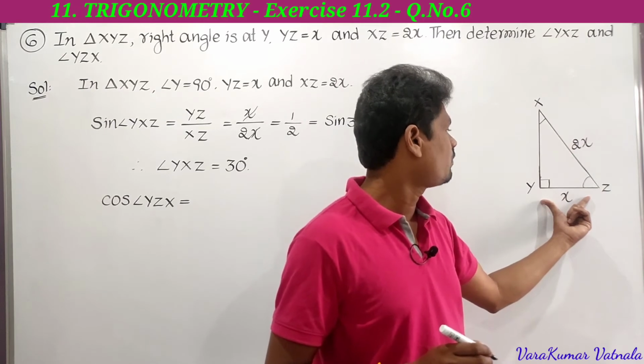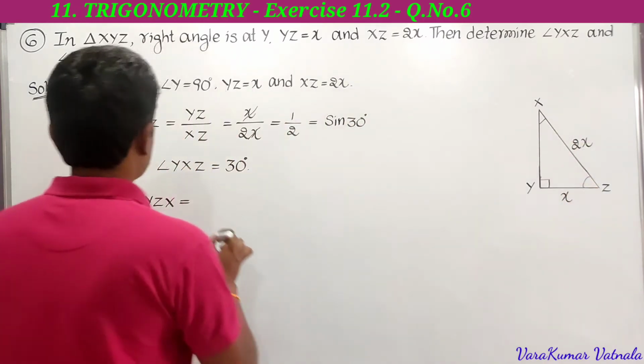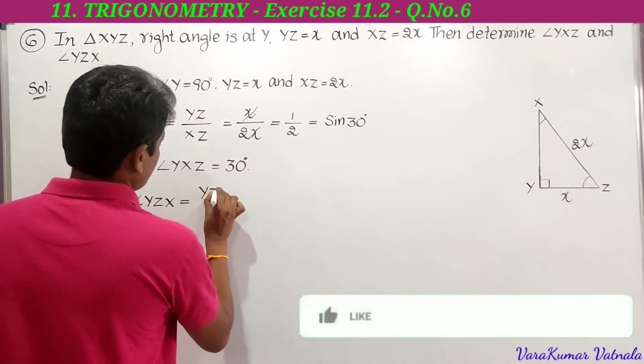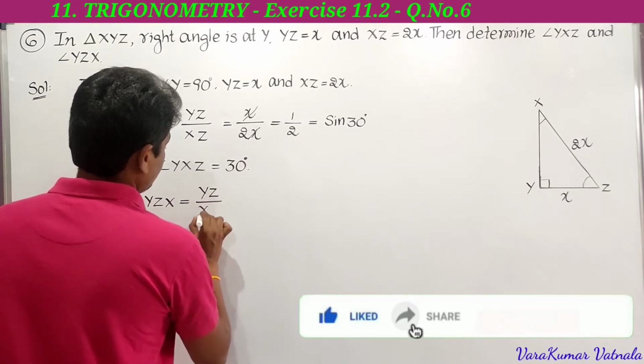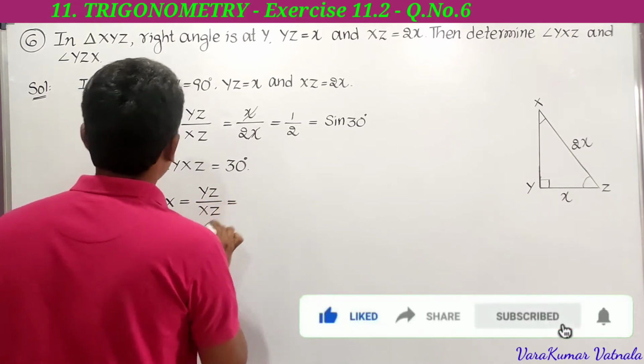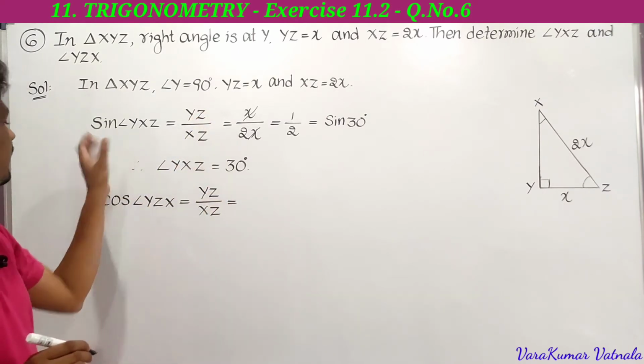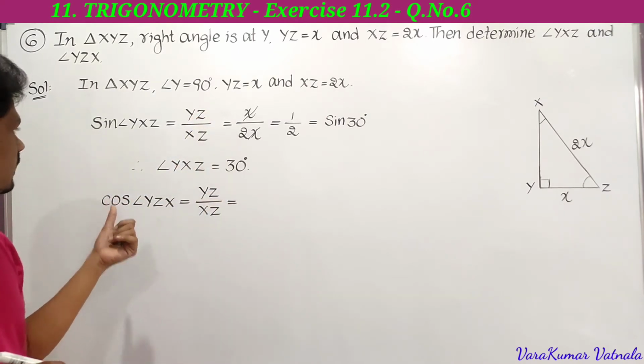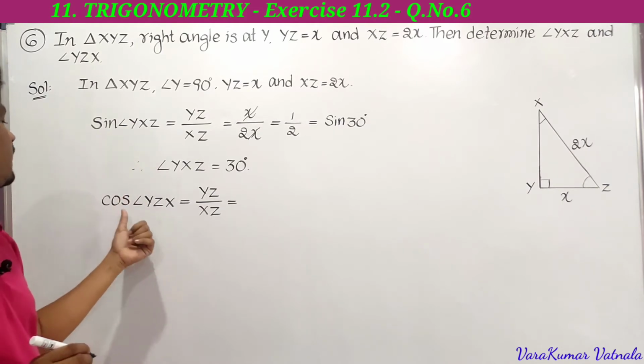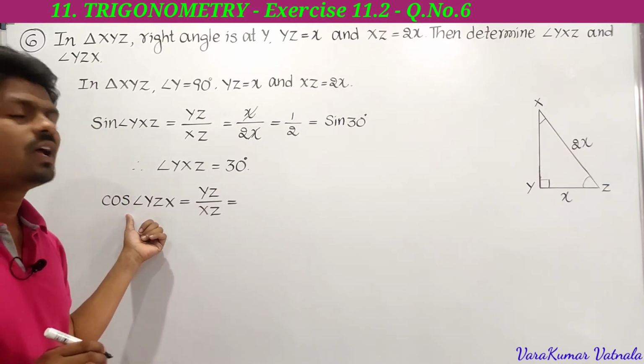So we write YZ by XZ. Here also YZ by XZ, but earlier the ratio was sine, and here the trigonometric ratio is cos.